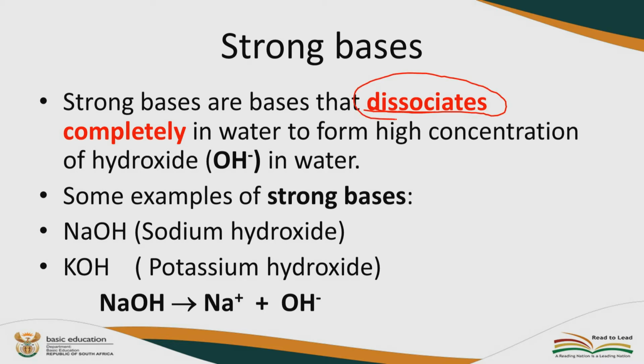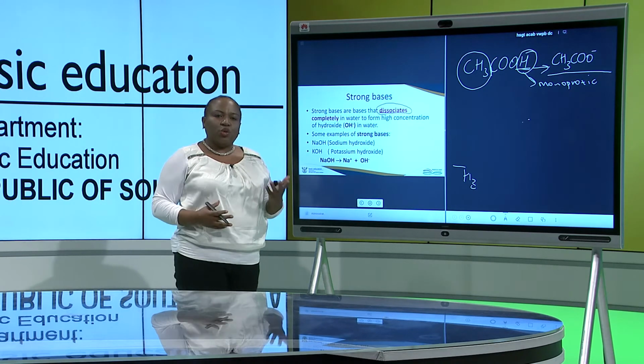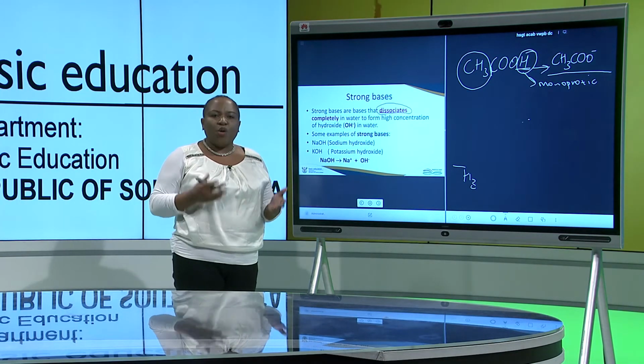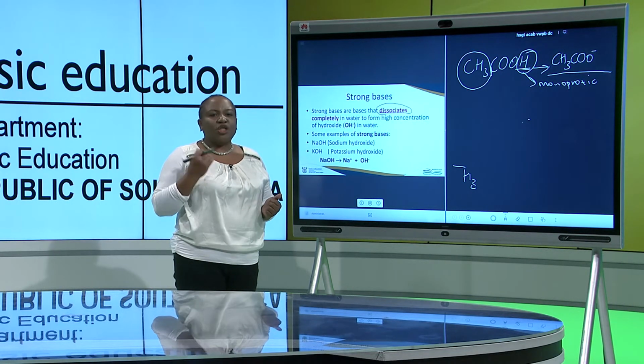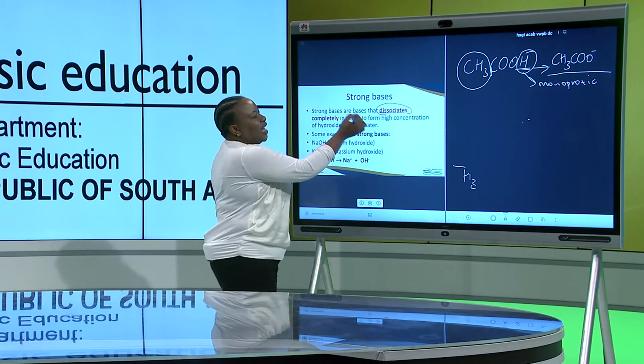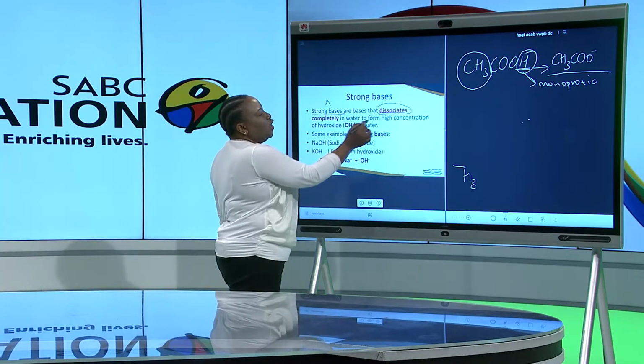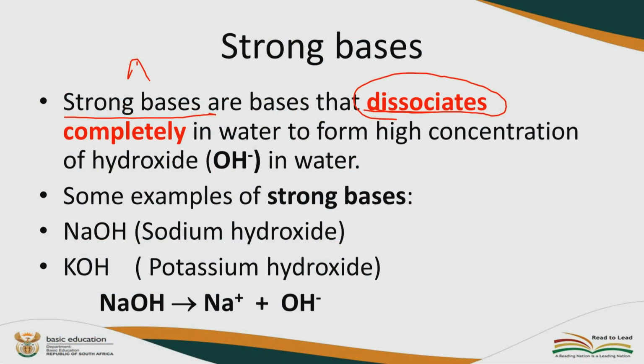I know that some books normally confuse the two, or use the two words interchangeably, saying they dissociate and ionize. It's not the correct way. The correct way is that because strong bases are fully ionic, they dissociate in water. And what they do is dissociate completely in water to form a high concentration of hydroxide ions.